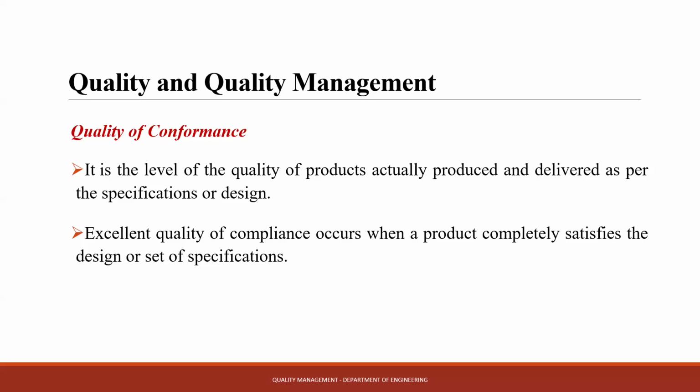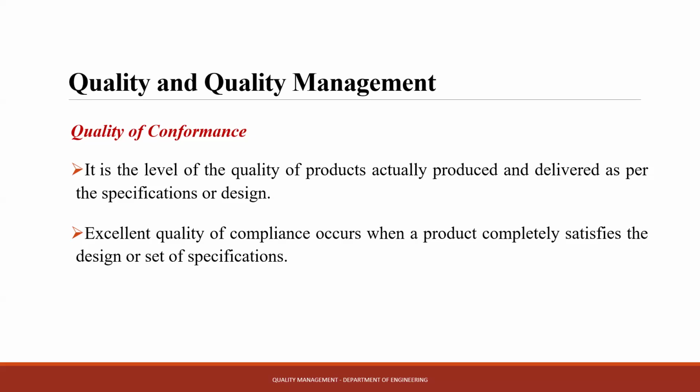So when we talk about the quality of conformance, we focus on whether our product has been made correctly or not, right? As per the specification and without too many defects. That is what we are focusing on, the quality of conformance. So when a product has excellent quality of conformance, it means that it was manufactured perfectly and produced exactly as planned in the designing stage.